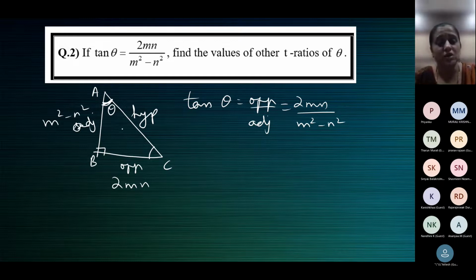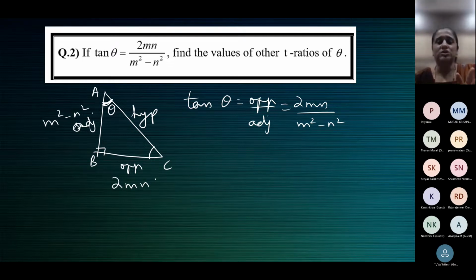You can use Pythagoras theorem to find the value of the hypotenuse. So when you have a t ratio, use a right triangle. The t ratio will connect two sides of the right triangle, so fill those two sides. Of the three sides, from the t ratio you will get the values of two sides.